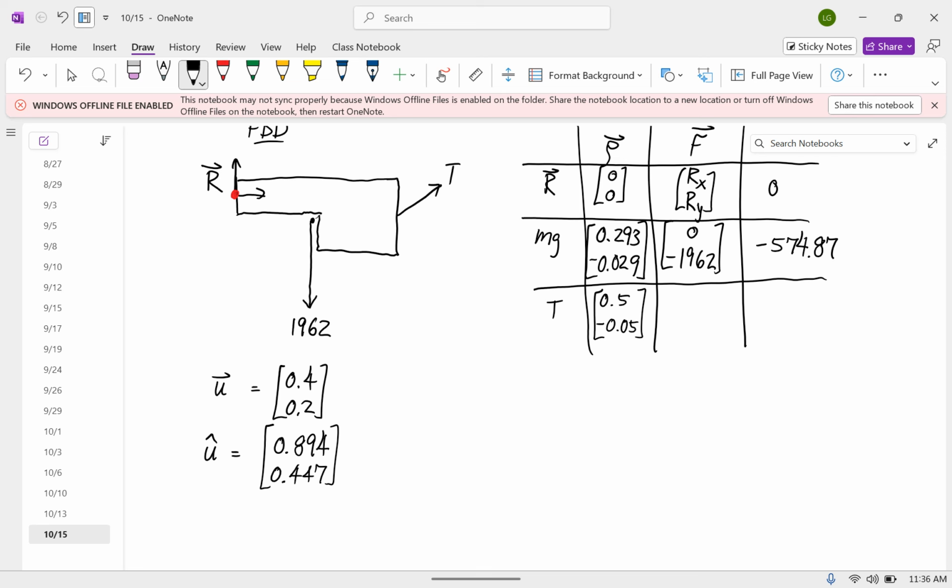So the force vector is 0.894 t, 0.447 t.